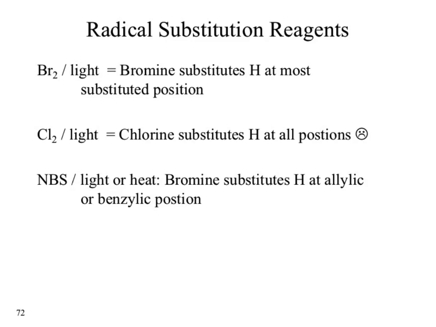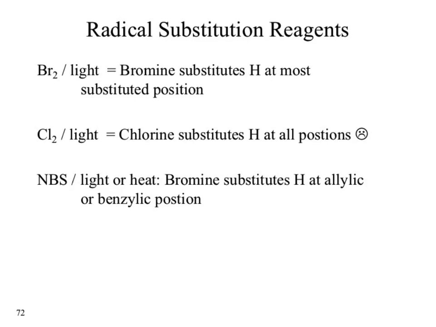Okay, so our radical substitution reagents. Notice in all these cases, we did a substitution. We traded a hydrogen for bromine. Okay? So Br2 in light, awesome. Cl2 in light, not so awesome. NBS in light or heat gets us a bromine substitution at an allylic or benzylic position.